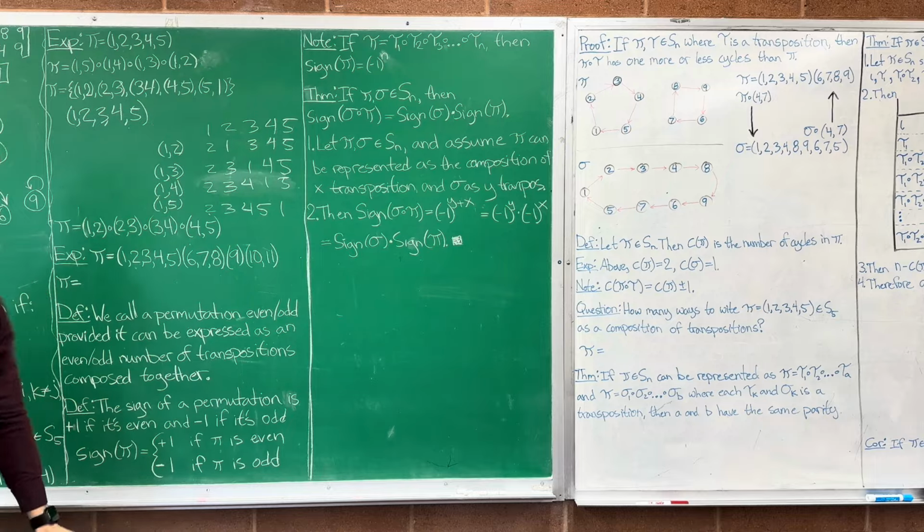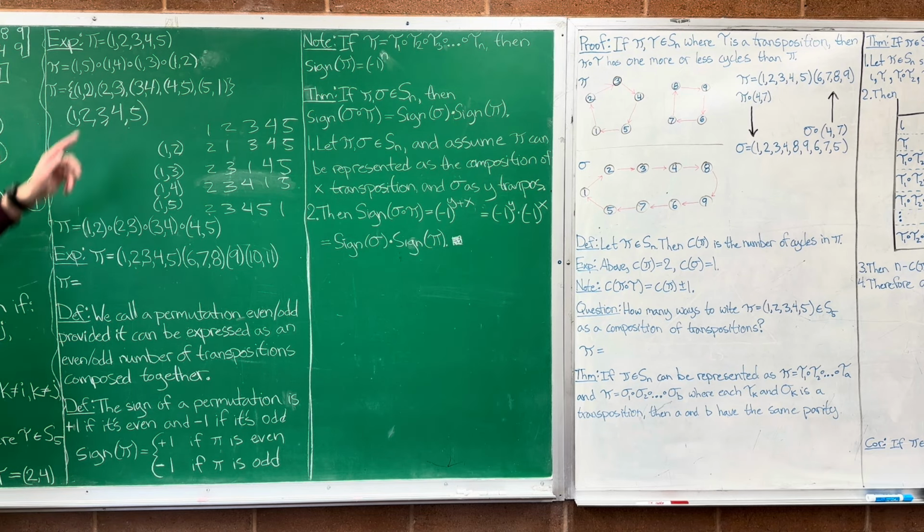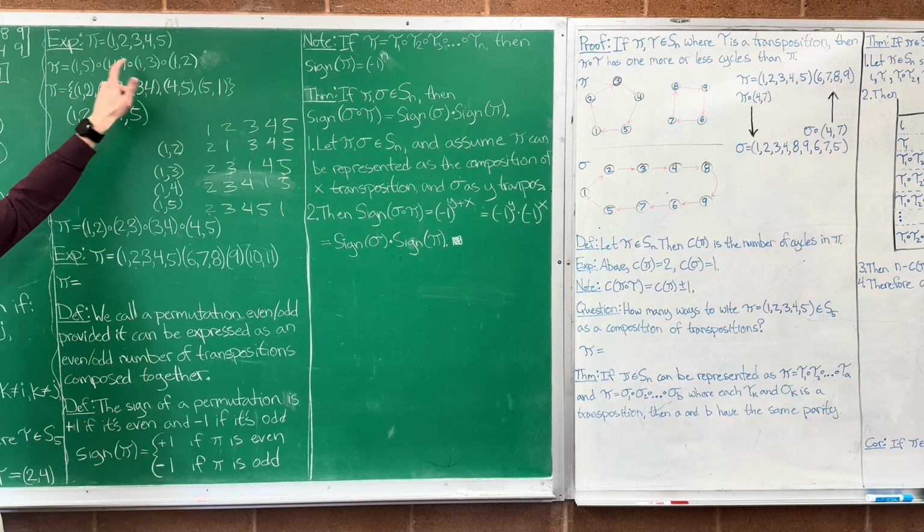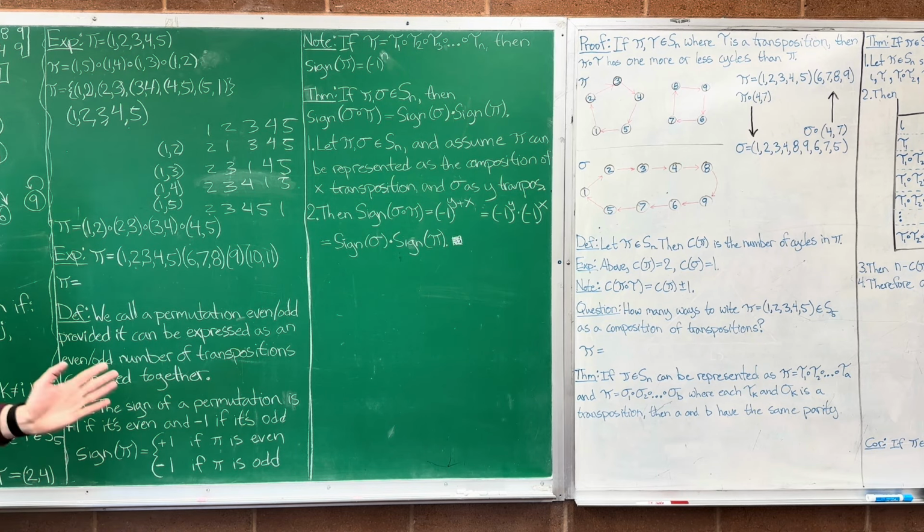This is kind of like the counterpart to factoring a number into its prime numbers. Splitting a number up into its prime numbers is like taking a function and splitting it up into its transpositions. What are all the swaps you need to ultimately compose a function, the permutation that you're talking about? Good?